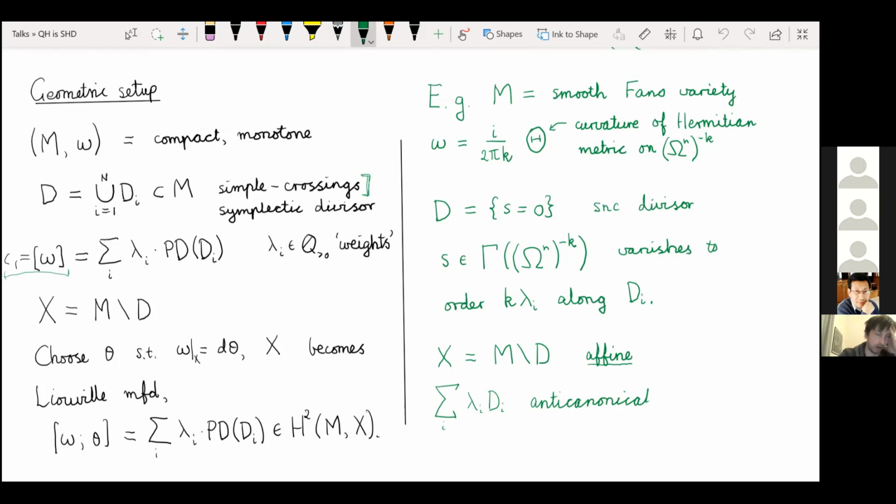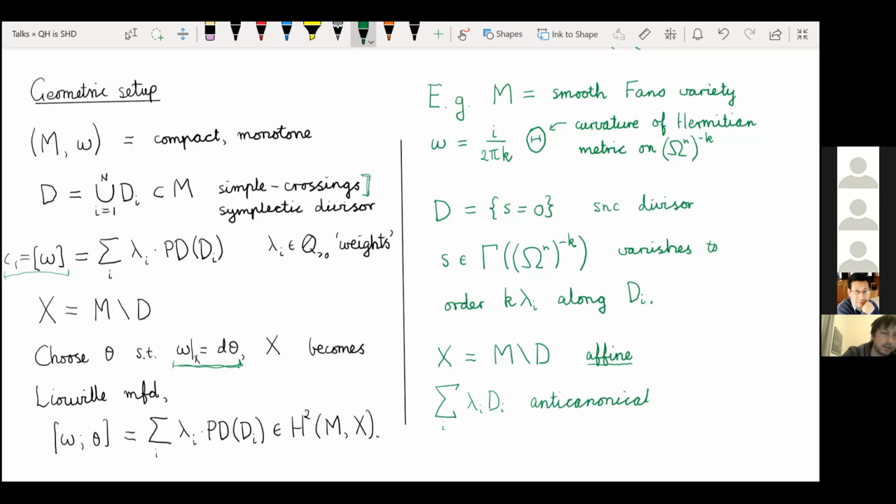X is going to be the complement of D in M. And this means that we can choose a primitive theta for the restriction of omega to X. So that means this holds. And this turns X into a Liouville manifold.